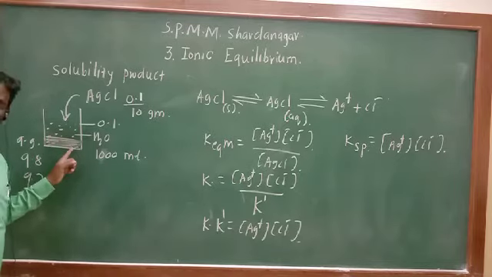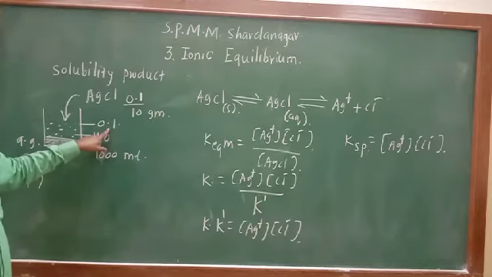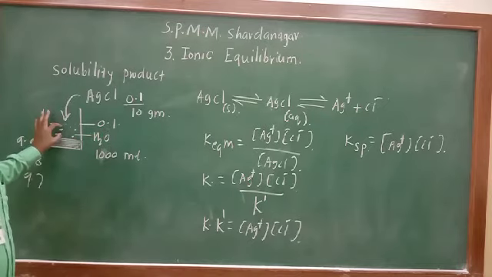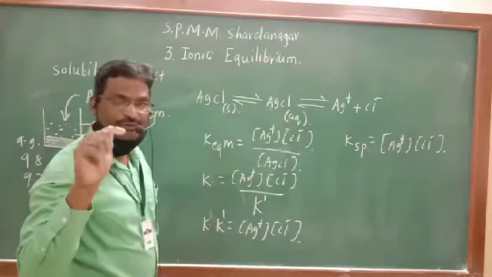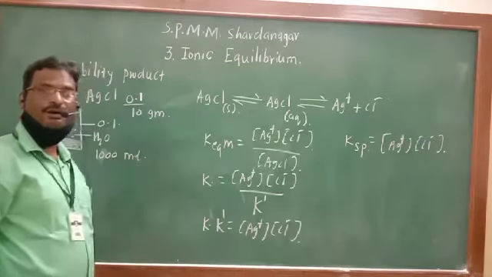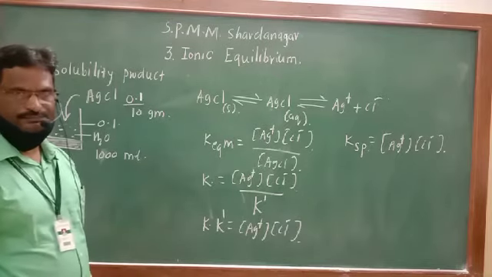And if we take exactly 0.1, the capacity is 0.1, and we are taking also 0.1 gram, at that time that solution is known as a saturated solution. So here is the saturated solution, and this equilibrium we have applied for the saturated solution. Therefore, solubility product is calculated for a saturated solution.